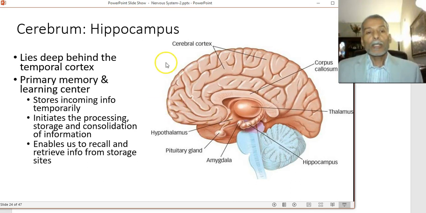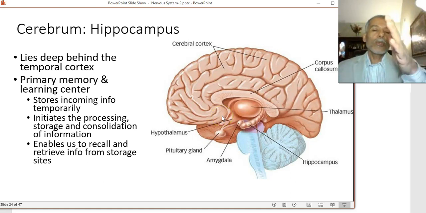So the hippocampus is part of the cerebrum, and the hippocampus is your major memory processing center. You can think of it like an airport, where people don't live at the airport. They come in from all different parts, and then they are directed: go to this gate, go to that gate.